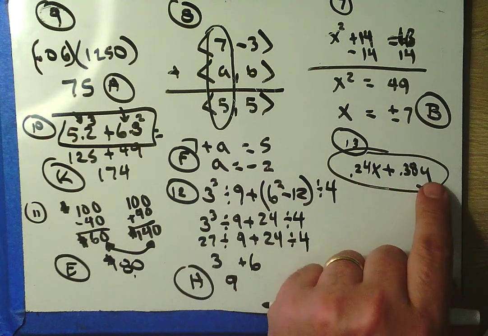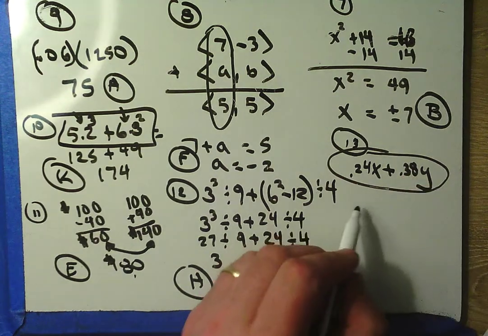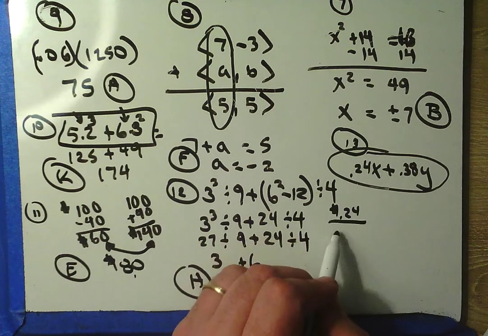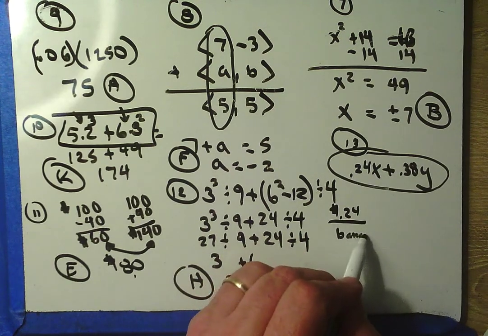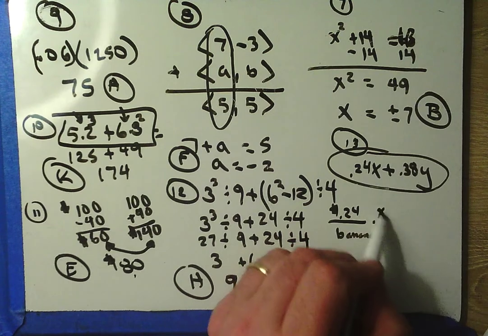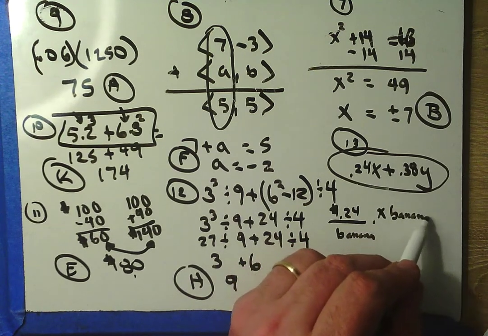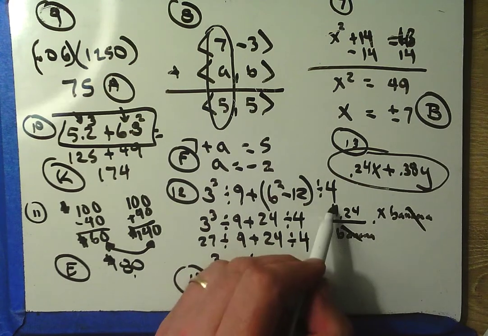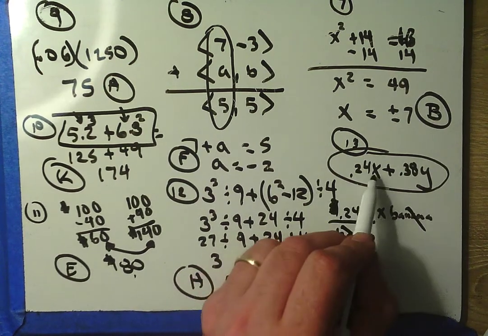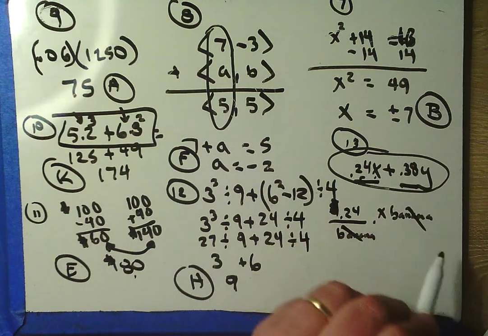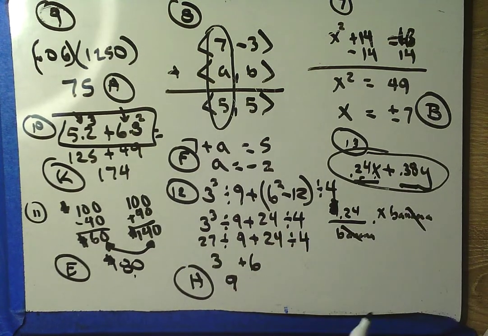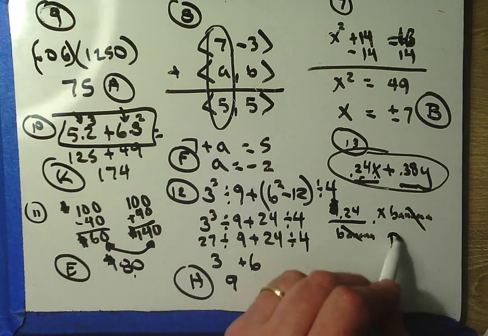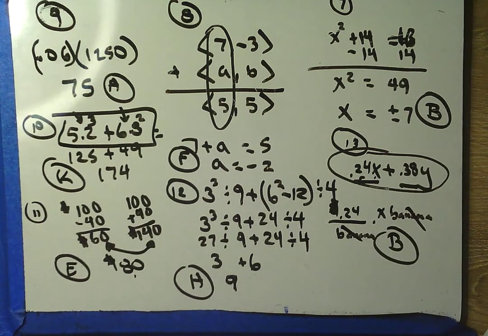How many oranges times dollars per orange? If we do 24 cents per banana times X bananas, we can see that bananas will cancel and we're left with a certain total number of dollars. So this is going to give me dollars, this is going to give me dollars, and when I add dollars plus dollars, I get dollars. And so we end up here with choice B for number 13.